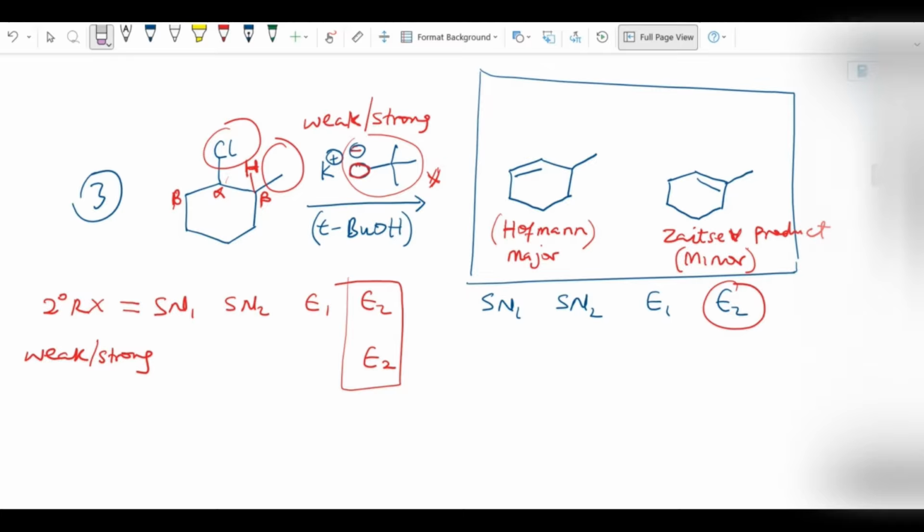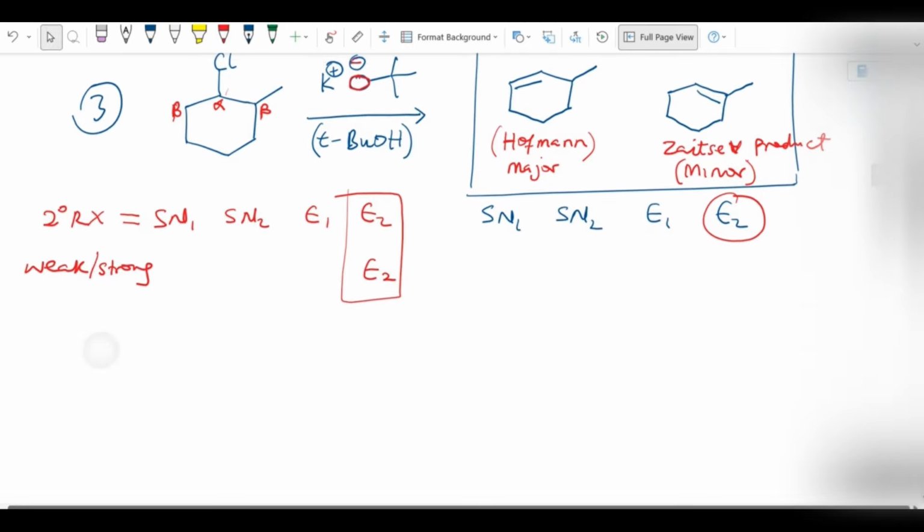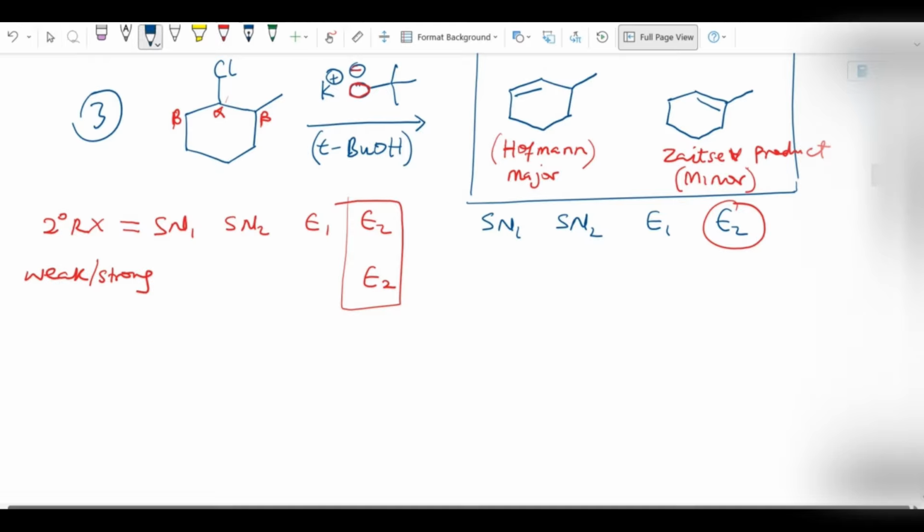So let's go ahead and draw the mechanism for this reaction. I'll show how the mechanism can form both of the products.